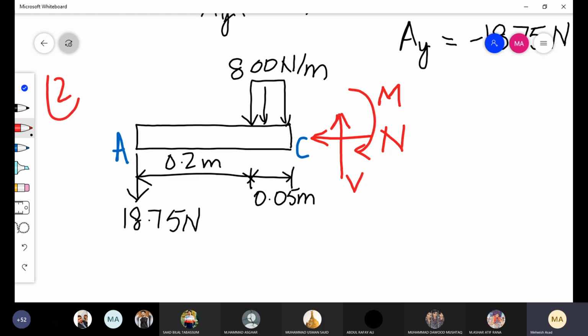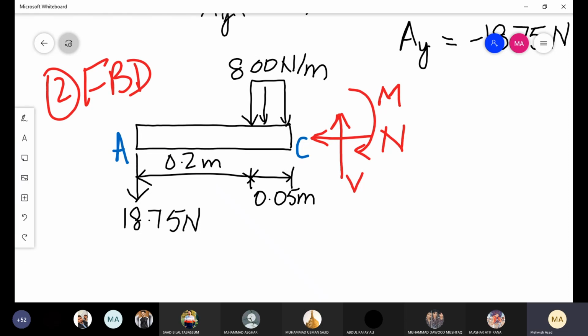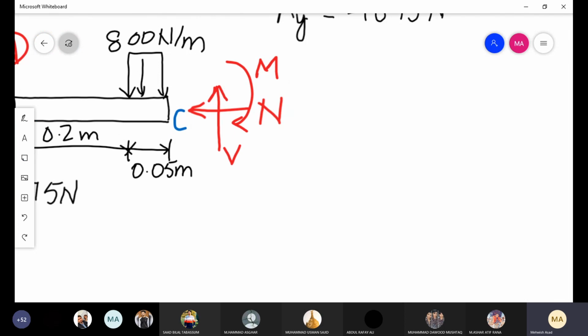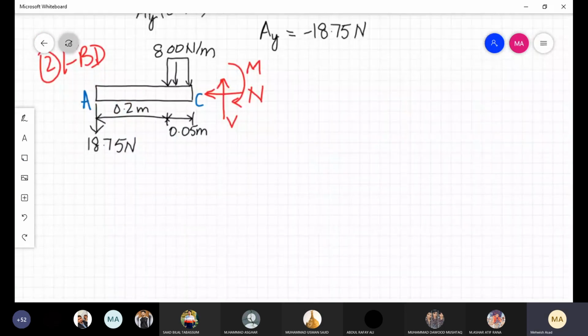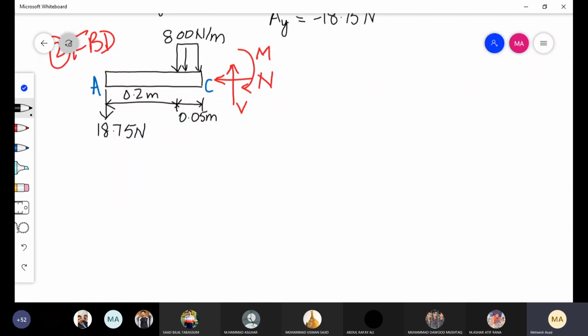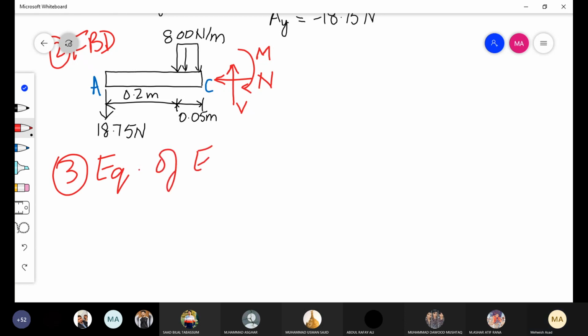Second step, that is the free body diagram, has been plotted. Now we will move to the third step. Third step is the calculation of internal forces, application of equations of equilibrium.